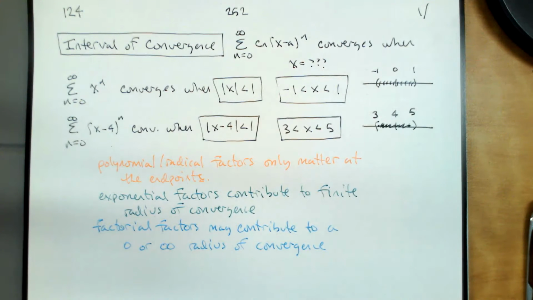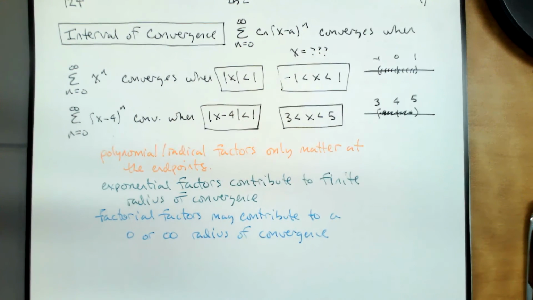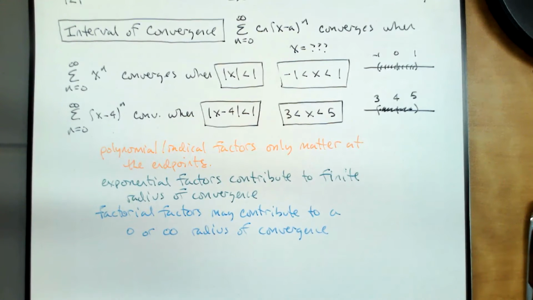Factorial factors, when you run them through the ratio test, leave behind n's that are not balanced by the same degree n, like with polynomial factors.